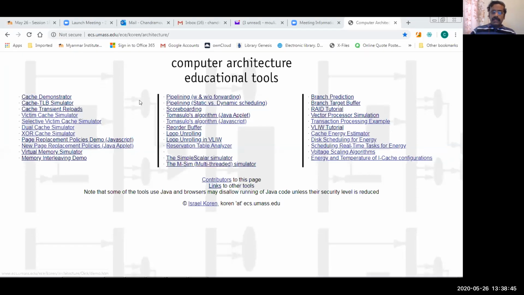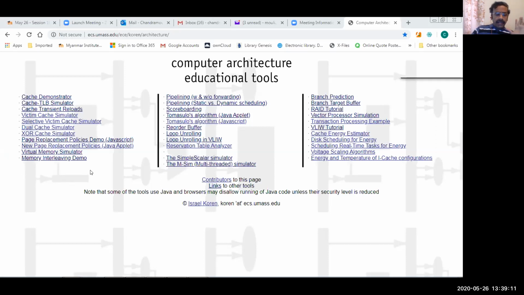This link I already shared with you. I just want to know whether you are able to see the web link. Can one of you confirm? Can you see the computer architecture educational tools?